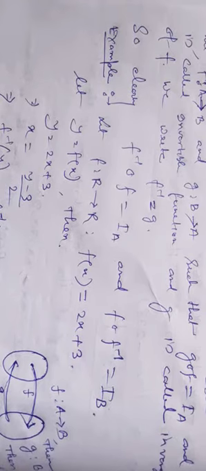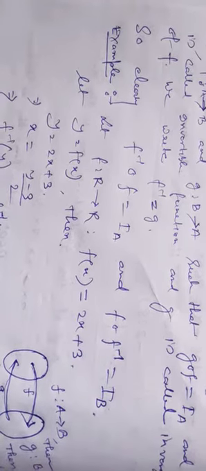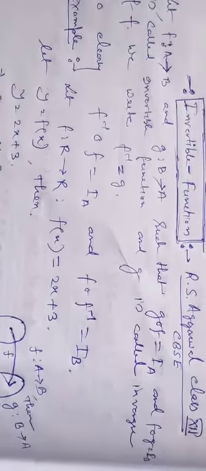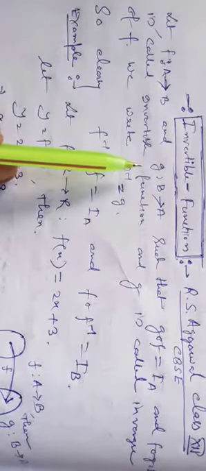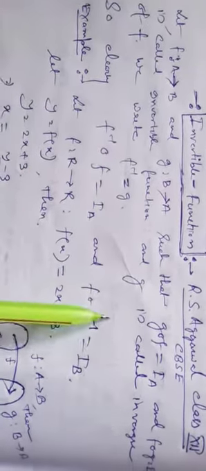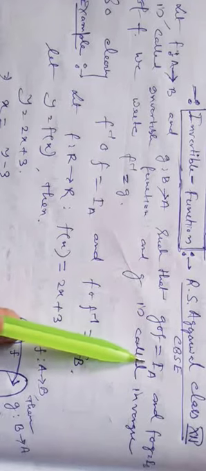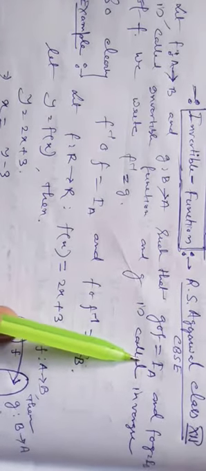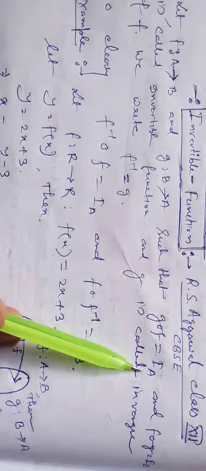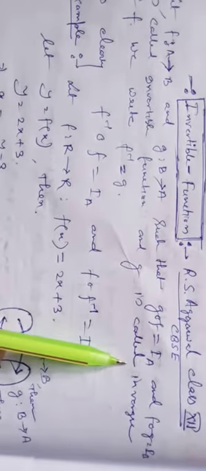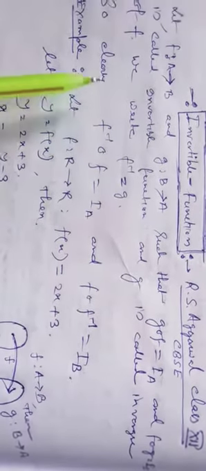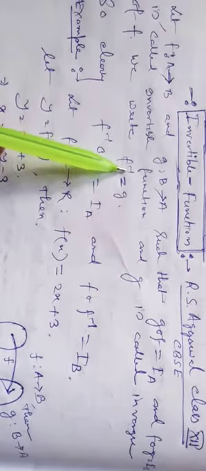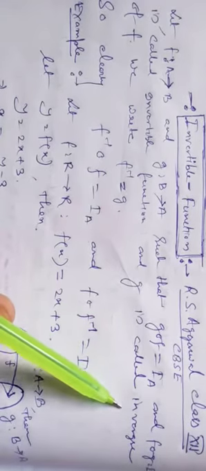Suppose, let us take one definition, students. Let f: A to B and g: B to A be two functions such that g compose f is equal to the identity mapping I_A, and f compose g is equal to I_B. Then f is called an invertible function and g is called the inverse.